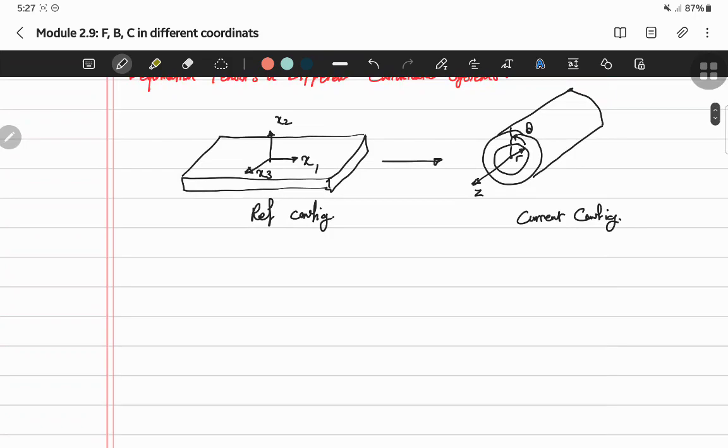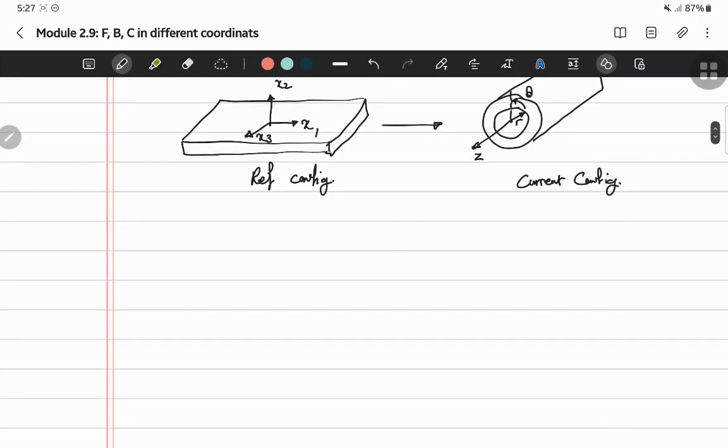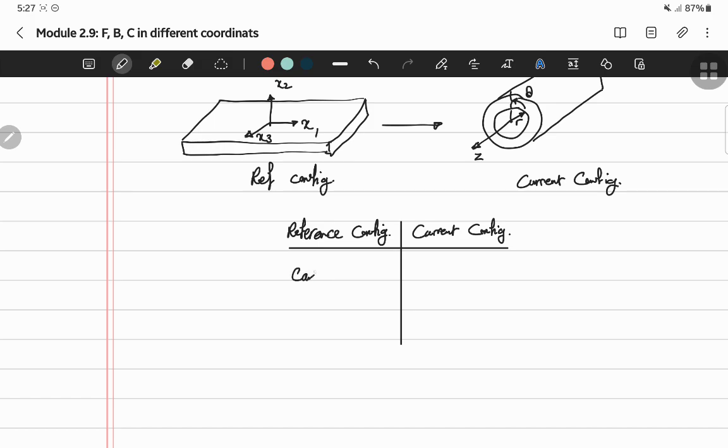And if I write all of these in a table, and I call this the reference configuration here, and then we have here the current configuration. So here you have the Cartesian coordinate, and this here could be, for example, Cartesian. These are all the things that we established so far.